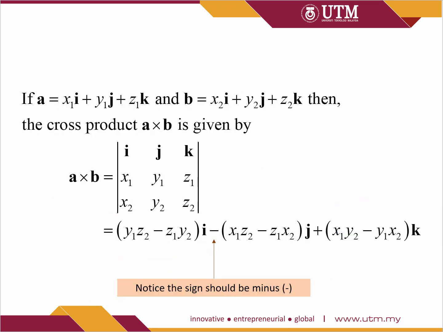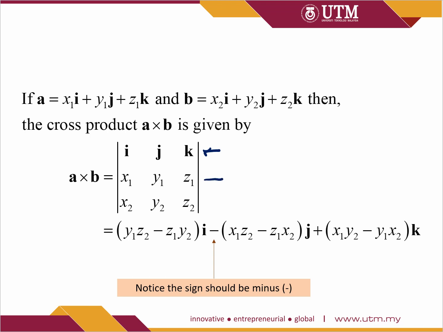Now, how do we find the cross product? Remember, the cross product will always be a vector. We will use the matrix form. In the first row, you write down i, j, k.